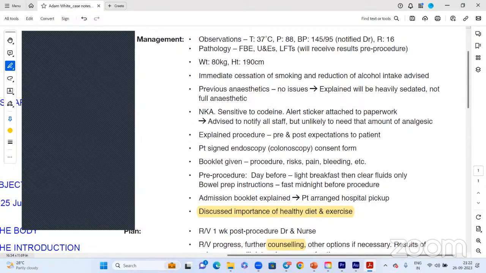Relevant lifestyle modifications for healthy diet and appropriate exercises have been suggested. Relevant lifestyle modifications have been advised.